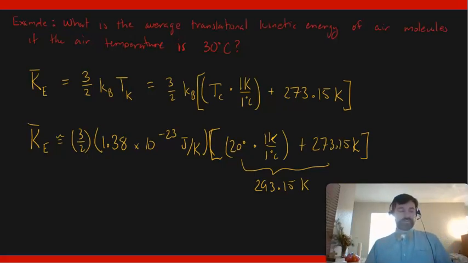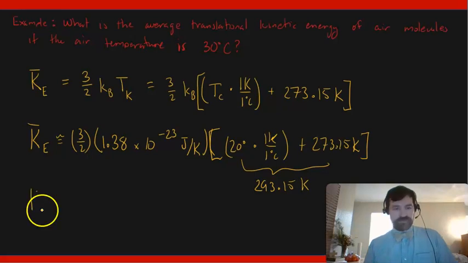So now we can throw this into a calculator and do some multiplication. I get as a result that the average kinetic energy is about 404.547 times 10 to the minus 23 joules.